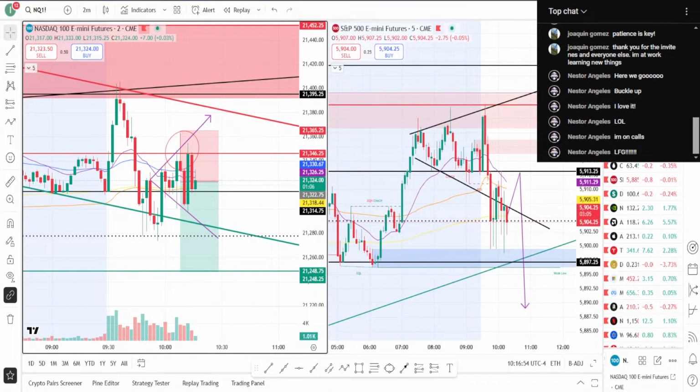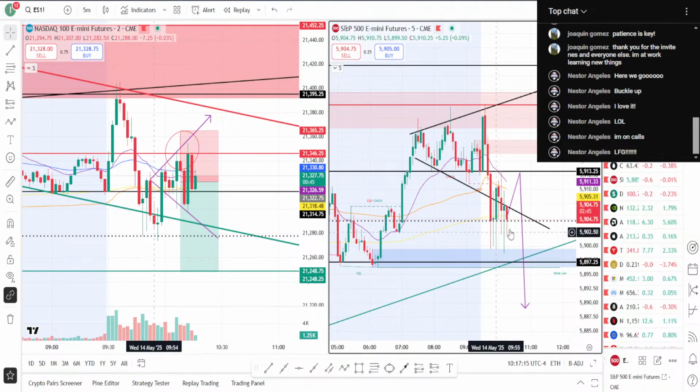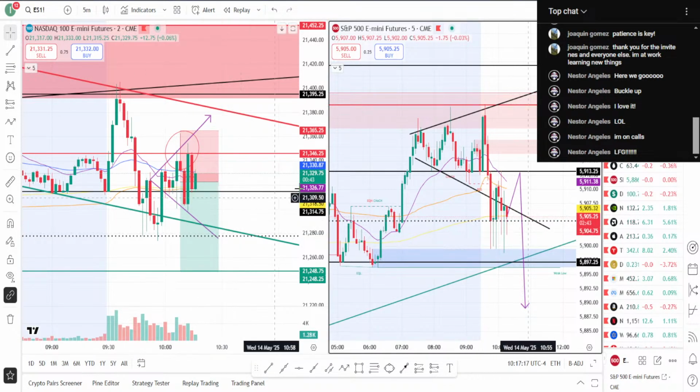Come on. Let's get it, man. Come on. It's struggling there to break that low. I think the ES looks a little bit more bearish right here on this setup.